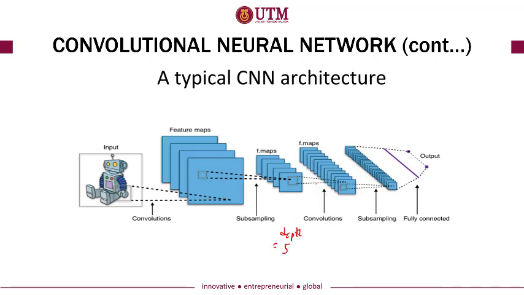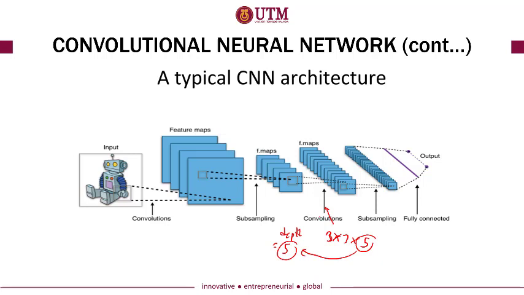So let's say you apply a 3 times 3 filter at this convolutional process, then again it will be similar. You must provide a 3 times 3 times 5, because this one will follow the input depth.